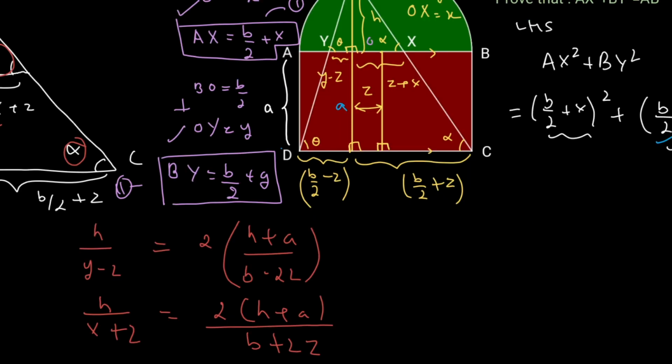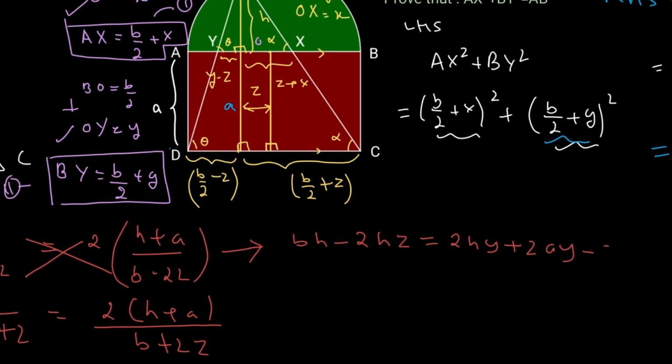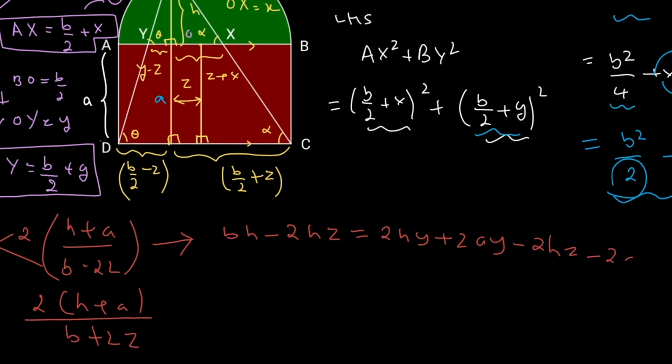So I've taken this first equation and I'm doing the cross multiplication, that is b minus 2z multiplied over there and y minus z multiplied over there. So I will get bh minus 2hz equals 2hy plus 2 times ay minus 2 times hz and minus 2 times az.